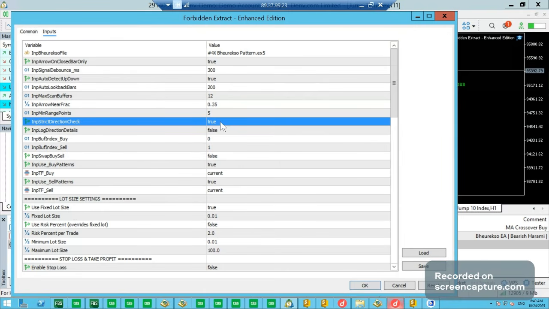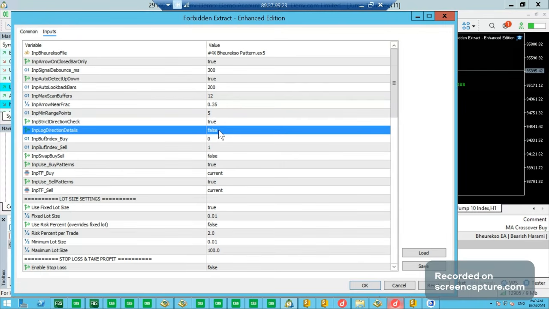So for input log direction details, if you want to check what is going on with the analysis of the EA, maybe there is an error in any of the patterns or any of the functionalities of the EA, just set this to true.